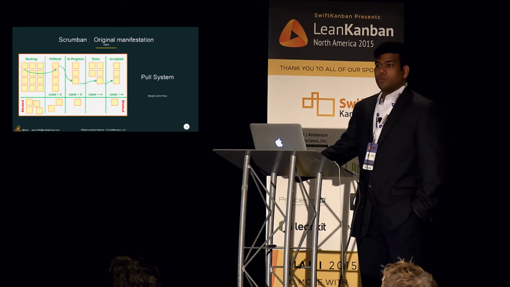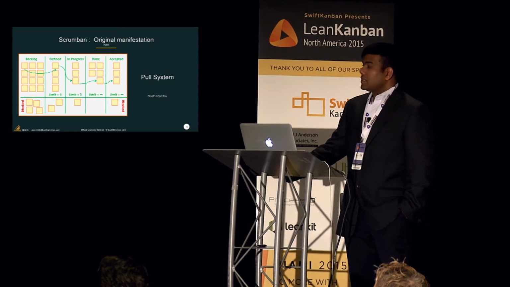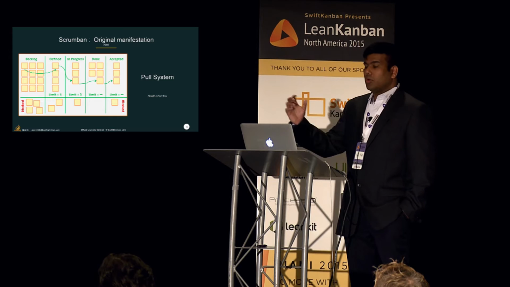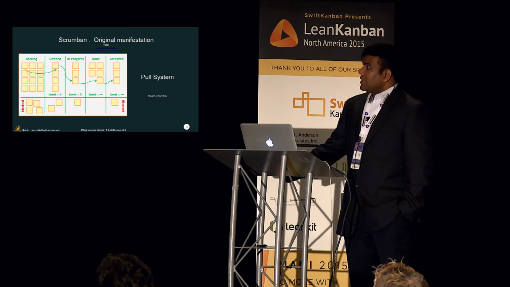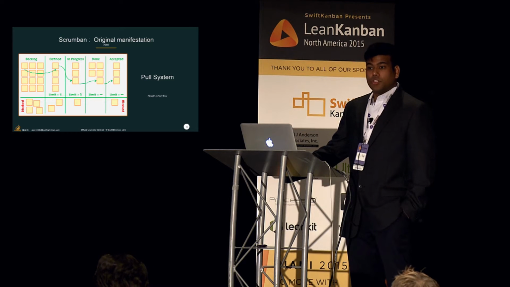For those of you who don't know what pull systems are, it's the idea that the limits inside of a Kanban board help balance the demand and capacity for a team, enabling that pull. That's what Corey did a really good job describing in his book. That's 2008, and the industry has evolved.